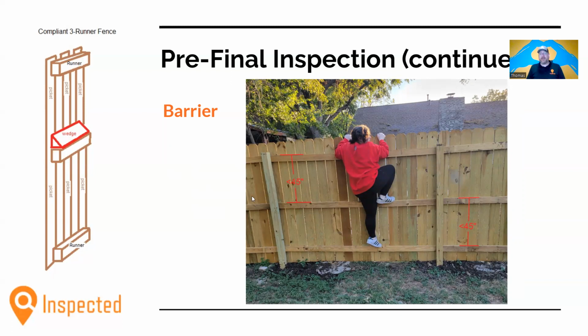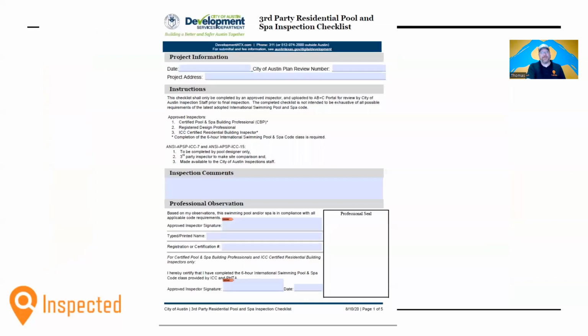It is possible to mitigate this middle one and make it unscalable by putting a wedge on top of it from just a cut 2x2 and mitigate that scalability at a fairly low charge. So consider that when you're doing site visits, and communicate that to your homeowners so that they can be taken care of before final inspection instead of during.